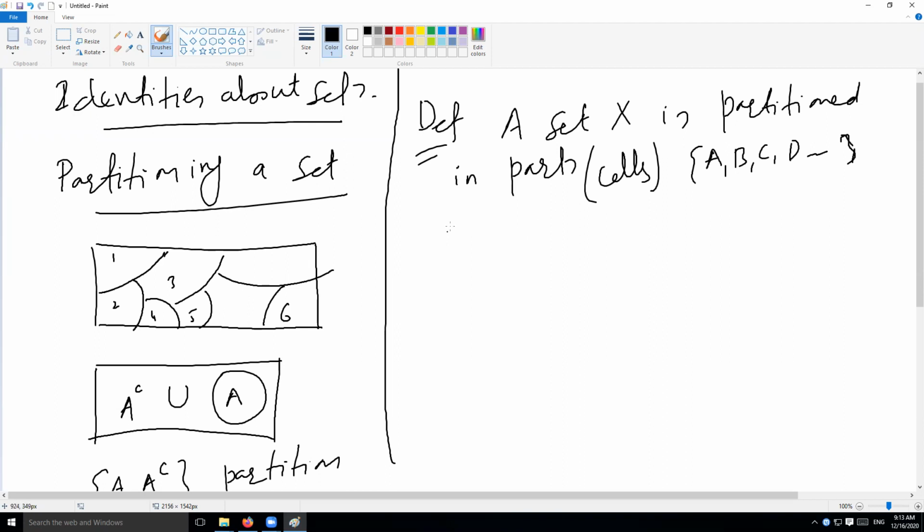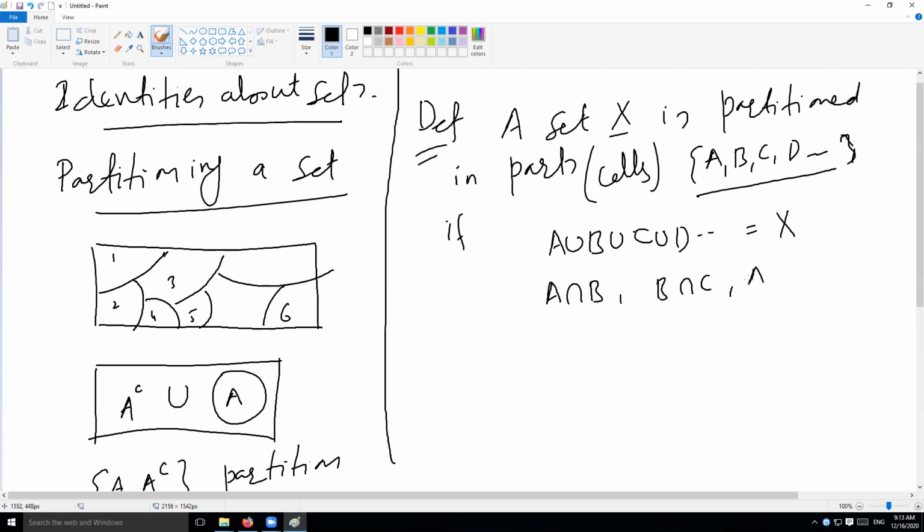So we're going to say that this is a partition of X if, when you take the union of these sets, A union B union C union D, and so on, you get the entire X. And if you take the disjoint intersections, A intersection B, B intersection C, A intersection C, all possible pairs that you can make, they all are disjoint.